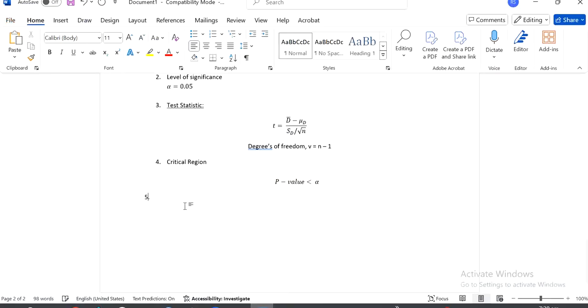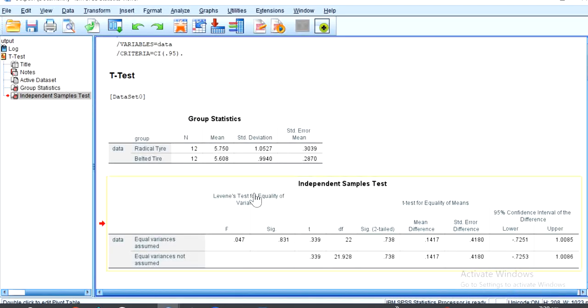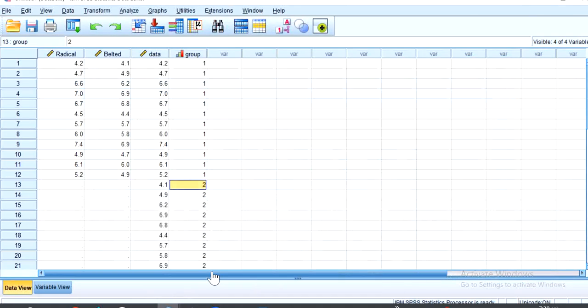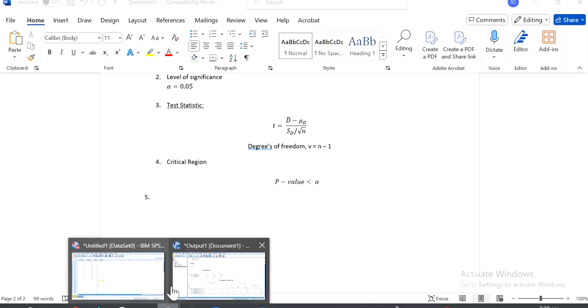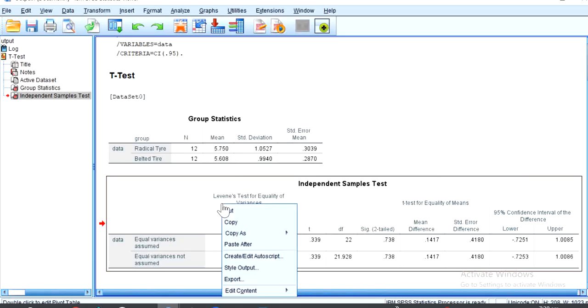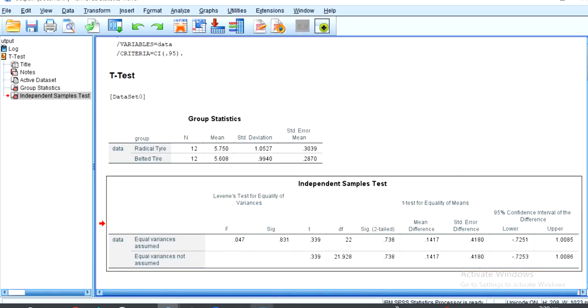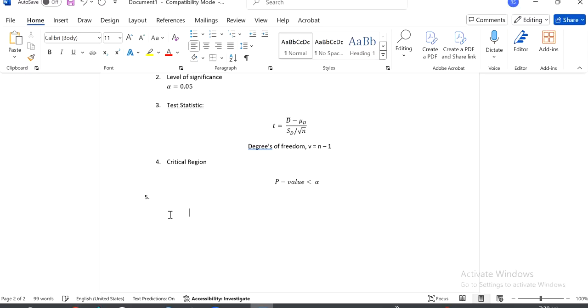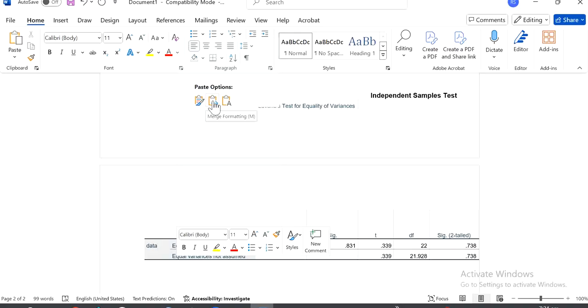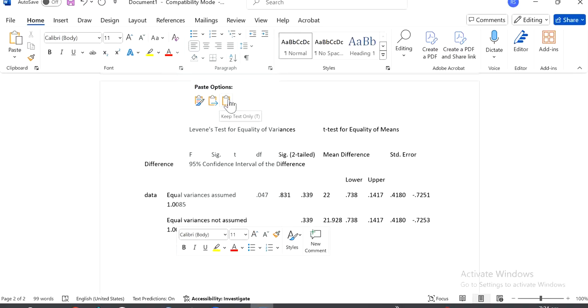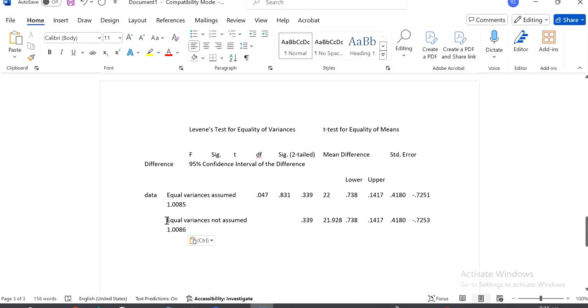So step number 5, you can simply copy paste this table. We don't need this whole table, but you can skip the information which you don't need for your requirement. Copy and paste. It is a big table and I don't need both results.